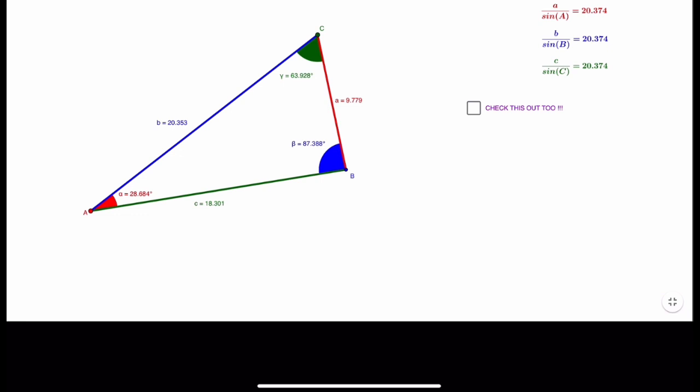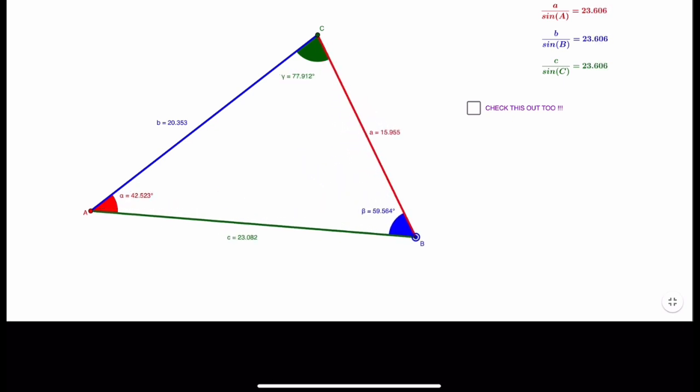We have a triangle ABC here, and we have different angles, and we can see that if we change the angle, the red A over sine A is equal to 23.682, and same thing, B over sine B is exactly the same number.